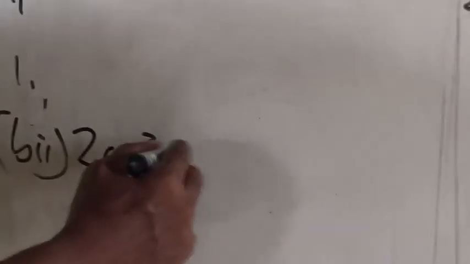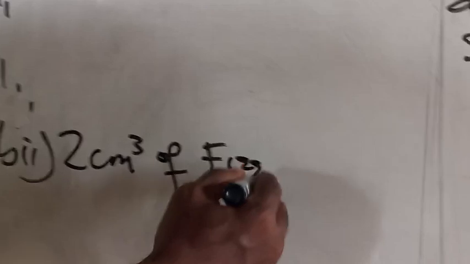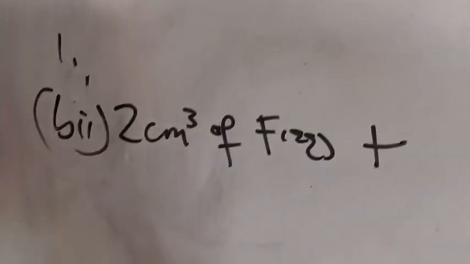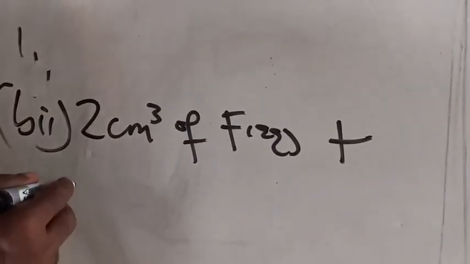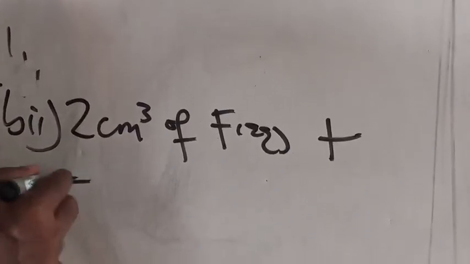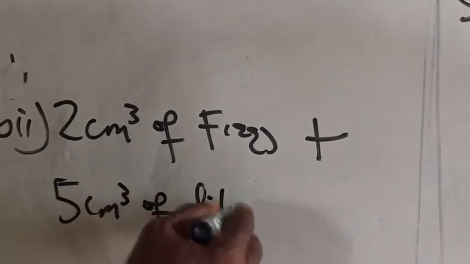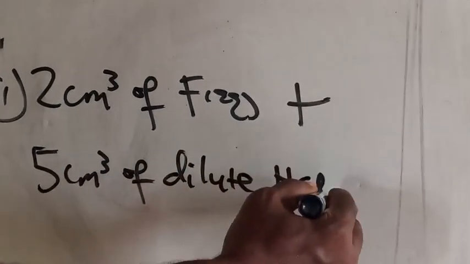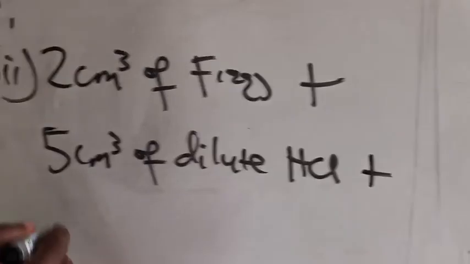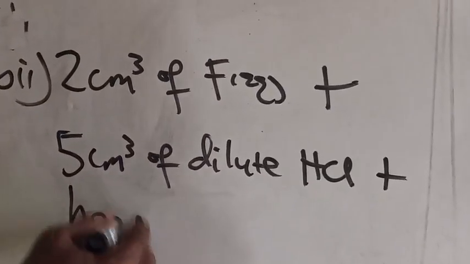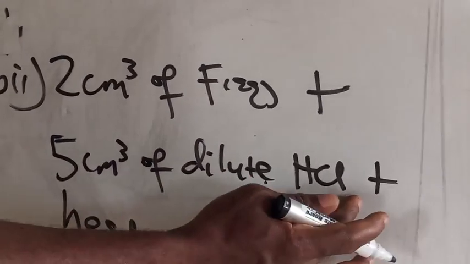So now I have here 2 cm cube of F plus 5 cm cube of dilute HCl, then plus heat. When you put dilute here, you don't need to put aqueous.